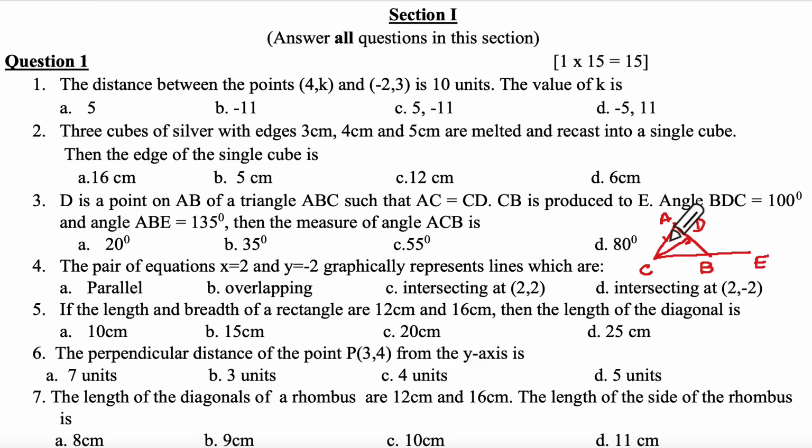This is your AC equal to CD. CB is produced and angle BDC, this angle is 100. They are saying angle ABE, this angle, is 135. Then find the measure of angle ACB, this one.